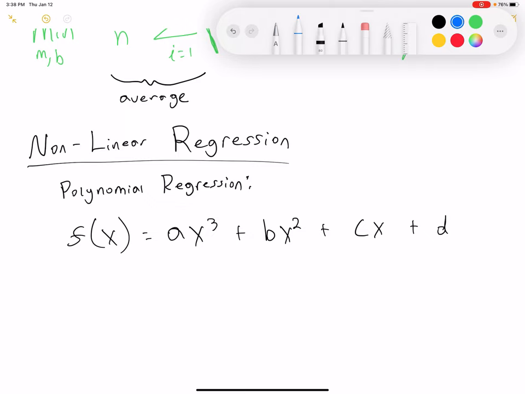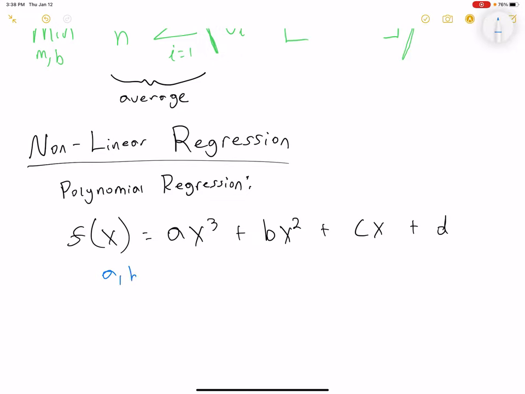So in this case, we have one input, one output, and A, B, C, and D are the learned parameters.